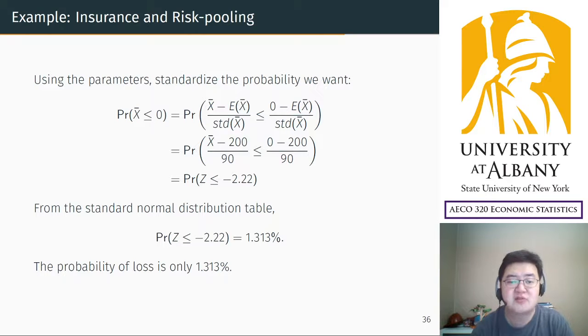And from the standard normal distribution table or Excel or whatever program you are using, it is easy to calculate this CDF. It's the standard normal CDF evaluated at this point. So plug in minus 2.22 into the program or calculator, and you get 1.313%.